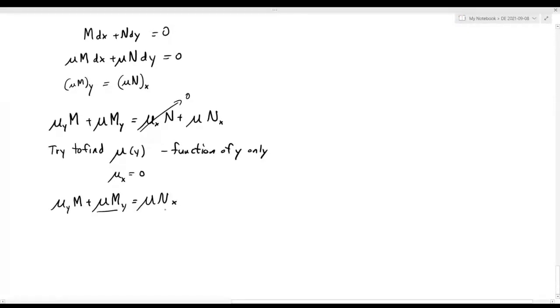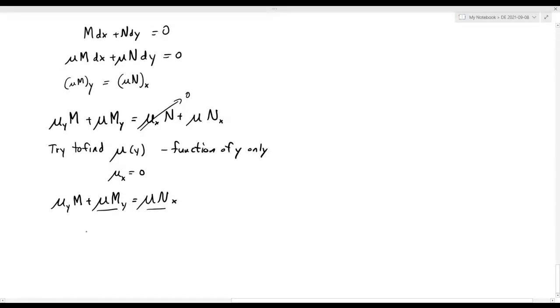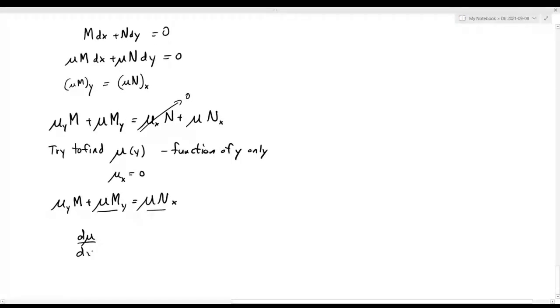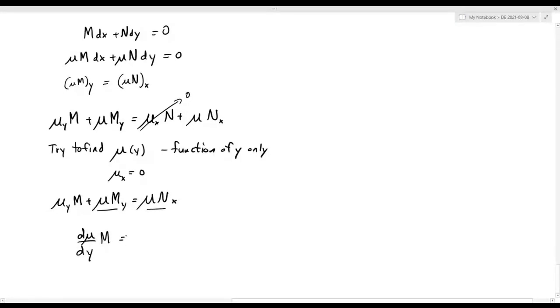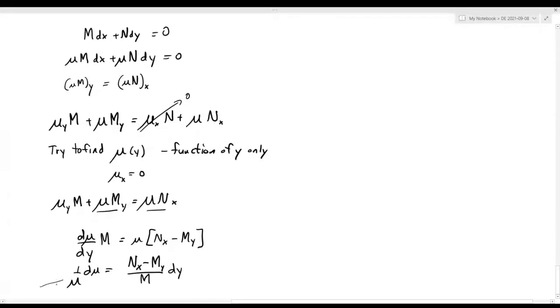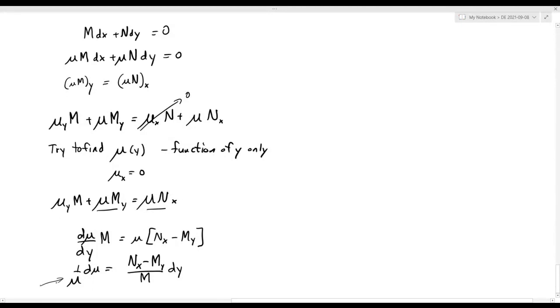Okay? Bring all the terms that have a mu in them to one side of the equation. And I'm going to rewrite this as the derivative of mu with respect to y. Dividing by m, we get a separable differential equation. Okay, so now we said that mu is a function of y.